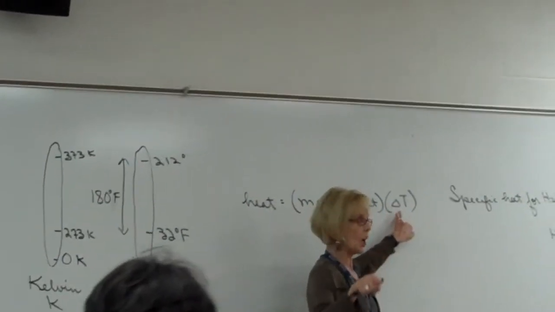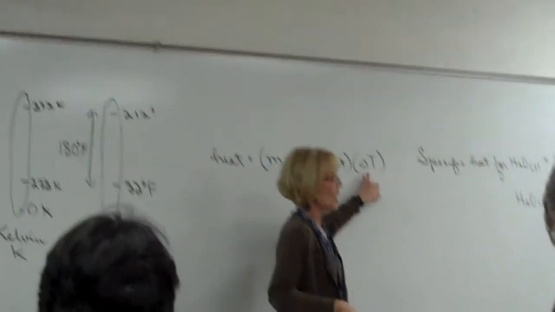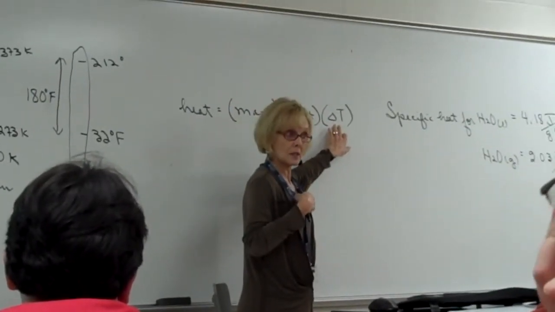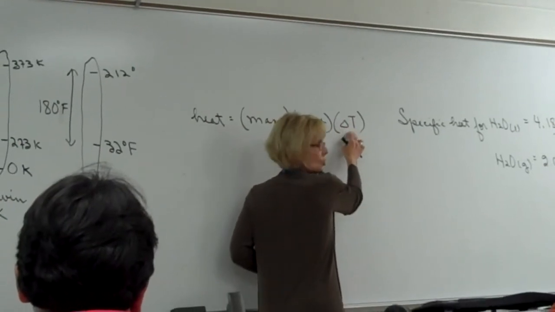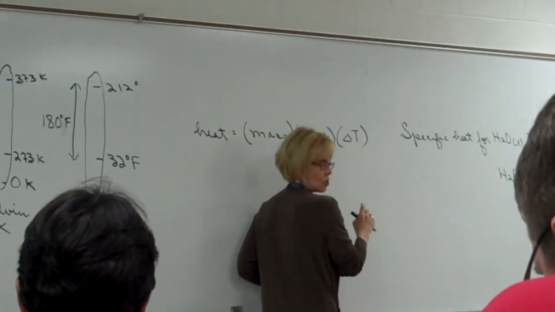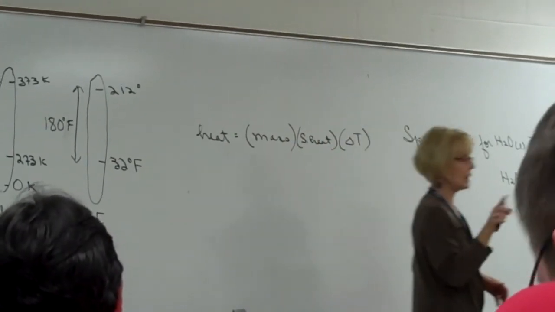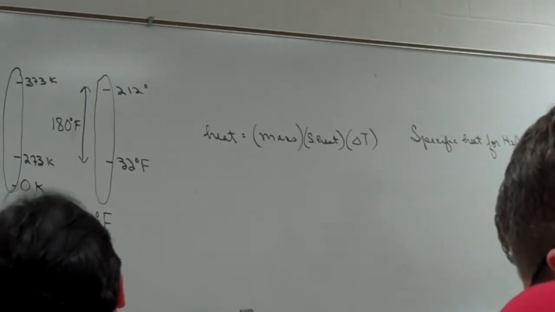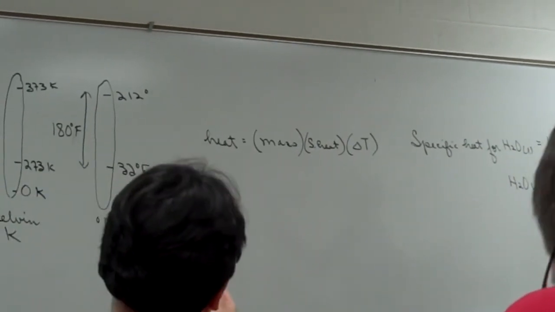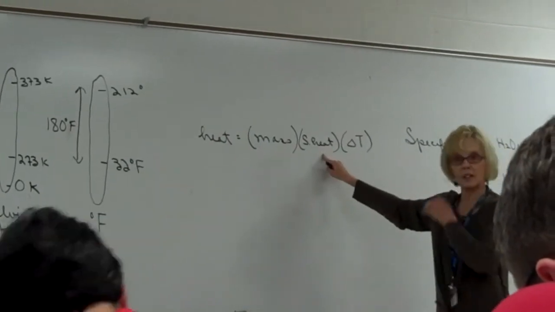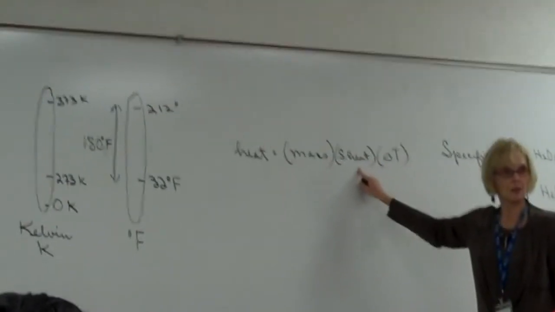Delta here means change, just like math people use it. Also, for us, it's the absolute value of the change. Don't have negative numbers in here. That comes later in 1412.